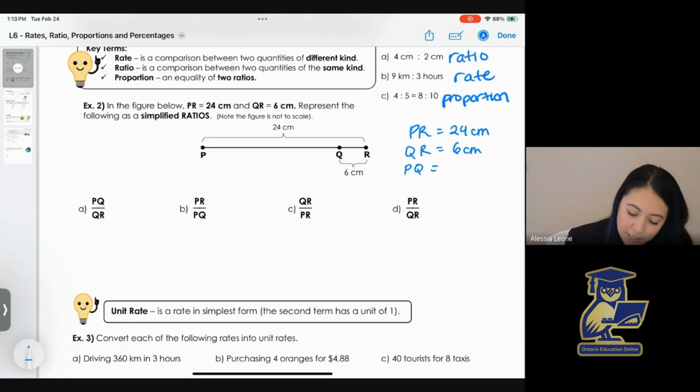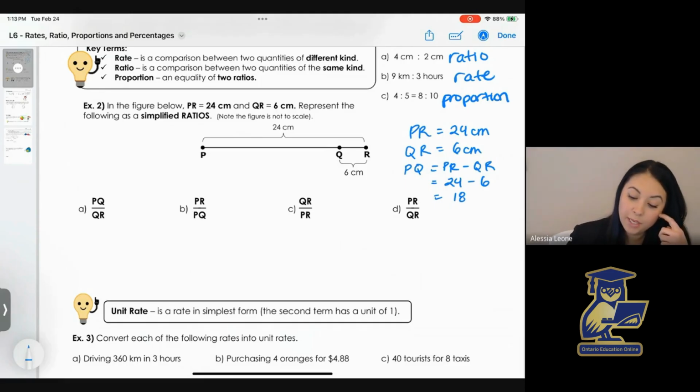How do we find PQ? So PQ is going to be PR take away QR. And that is going to be 24 take away 6. And that is going to be 18.